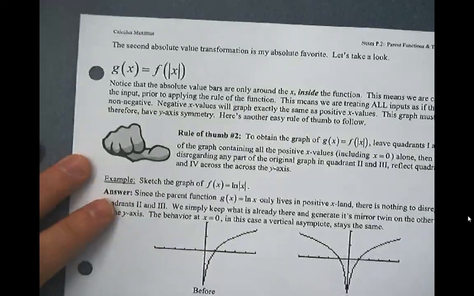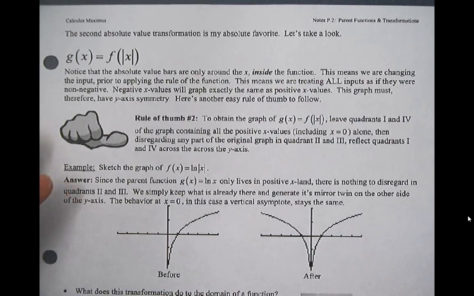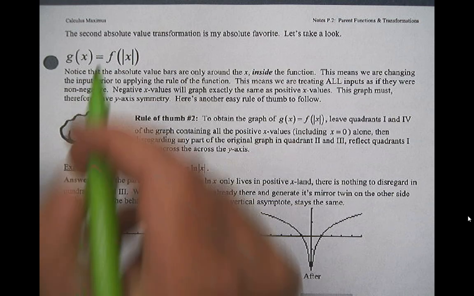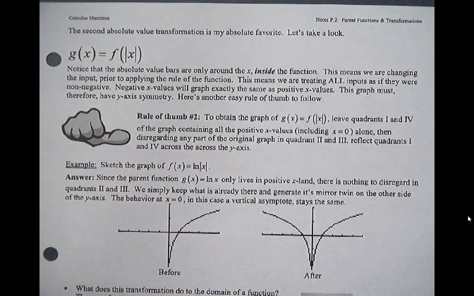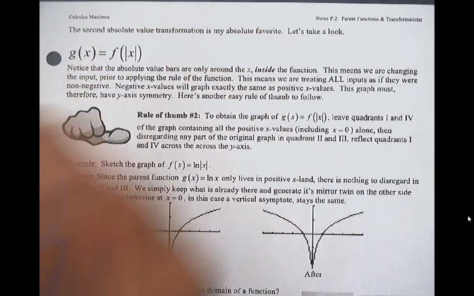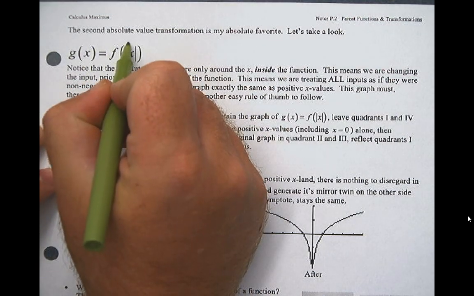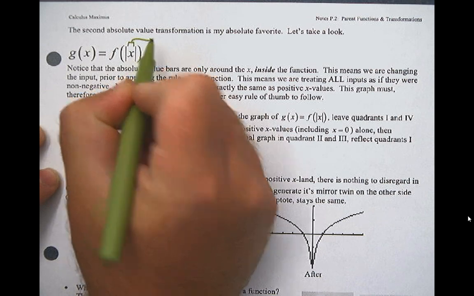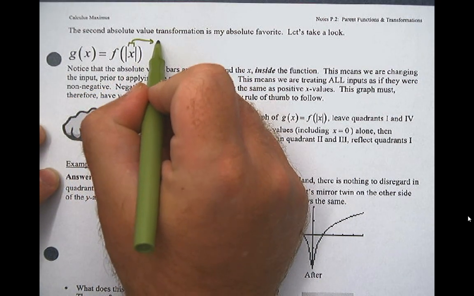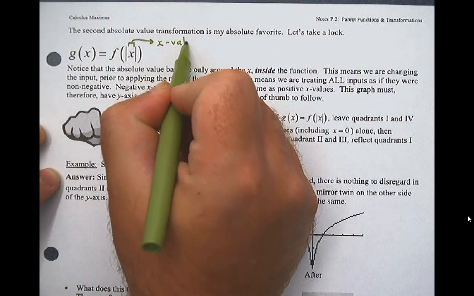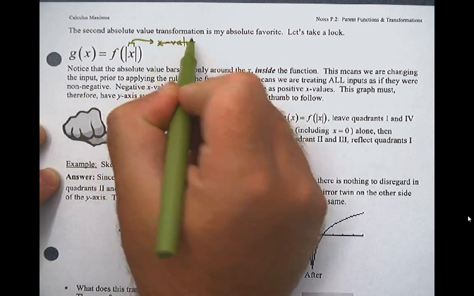And then our last transformation. What if the absolute value goes around the x value? So now these are my, let's do a color we haven't done yet, maybe a purple. Purple won't show up very well. How about a nice puke green? So these are my x values. Let me do it like I did on the other one.